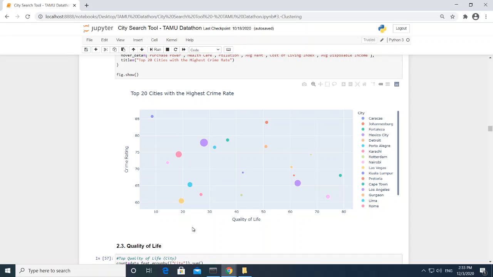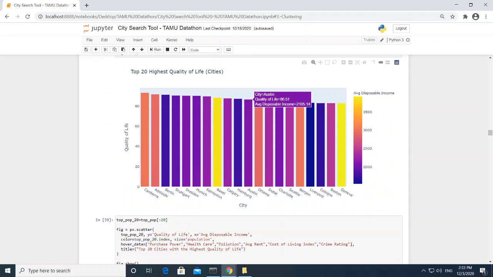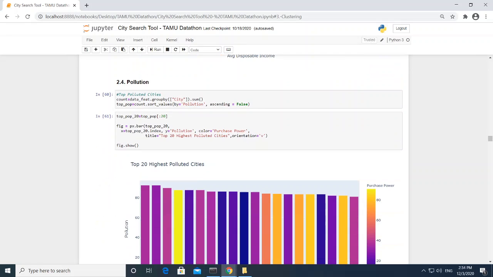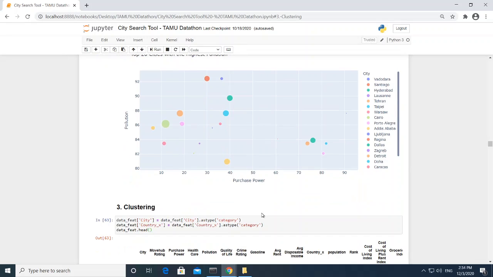We try to understand our data using tons of visualizations. Again, this is quality of life versus disposable income, since we noticed that there was a potential relationship between both features. Again, this is just to understand if there was any pattern in the data. Then pollution, the distribution associated with the highest pollution.